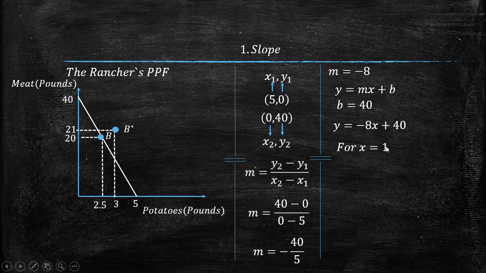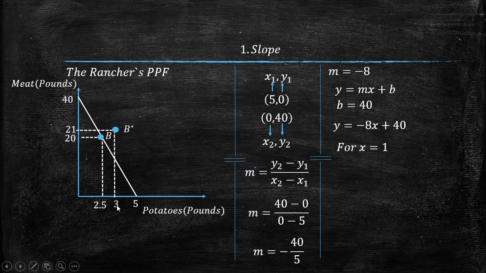So now I propose that the rancher is going to receive 2, right? So I'm going to propose that the rancher is going to produce just 1 potato. So if she produces 1 potato and receives 2 pounds of potato, she will have 3 at the end.